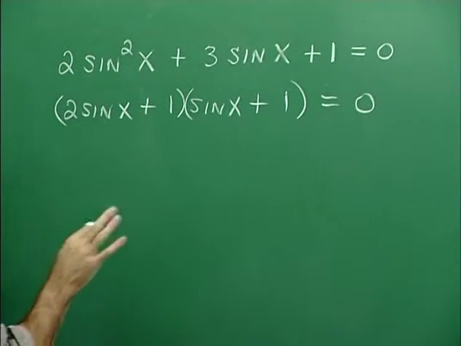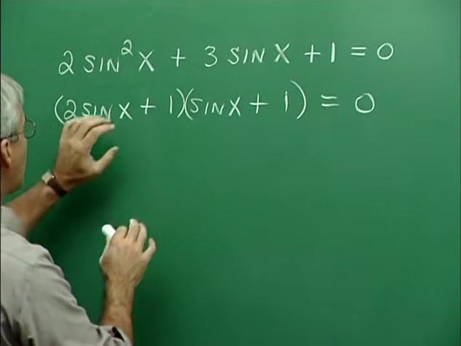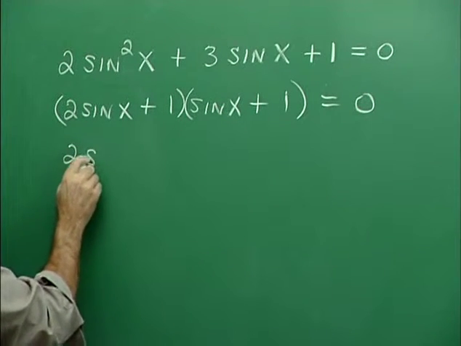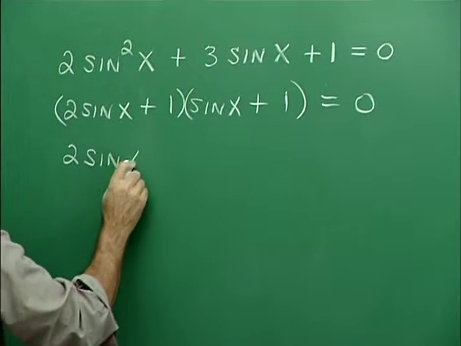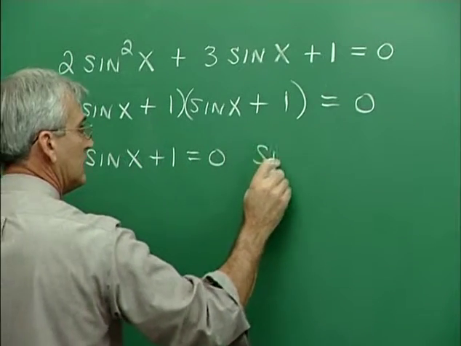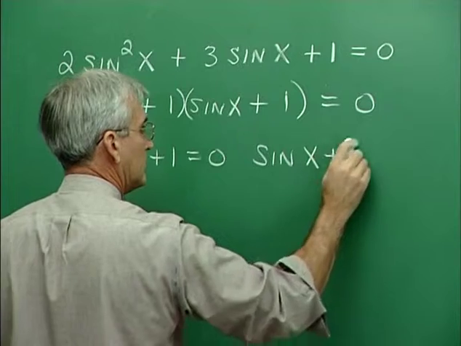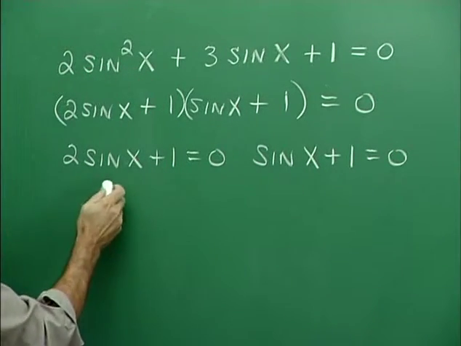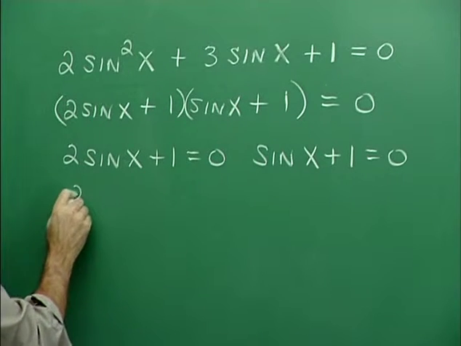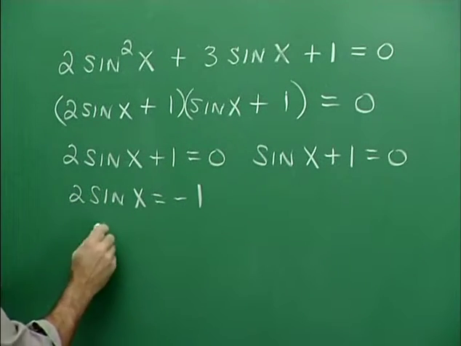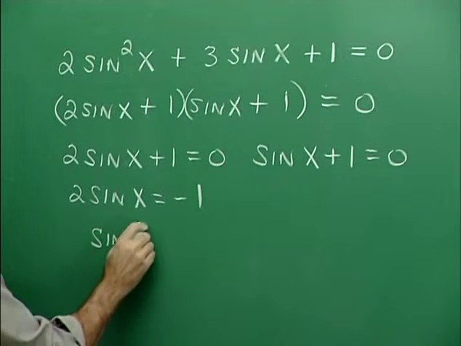Now the idea is that we have solutions at the zeros of each factor. So we'll take each factor and set them equal to 0. For this one, we'll subtract 1 on both sides, and then divide on both sides by 2.